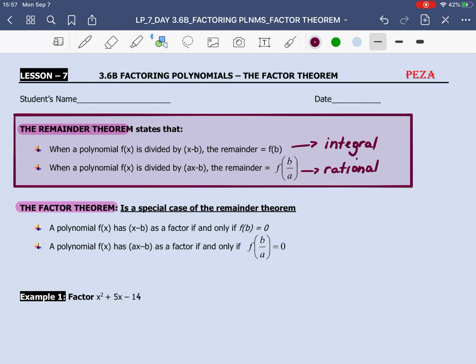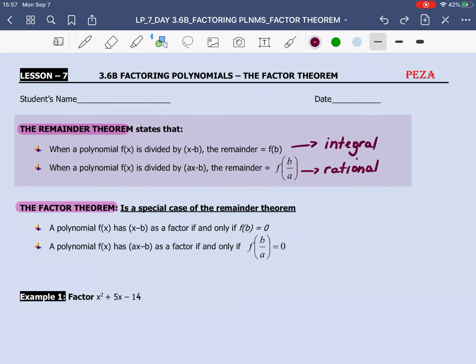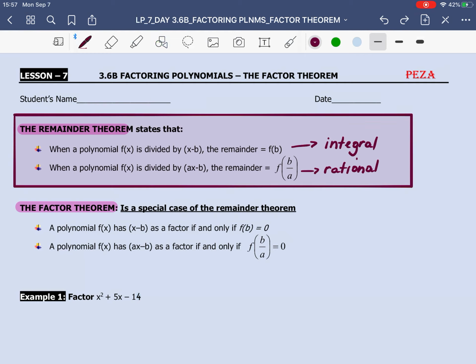Now, when we say the word factor, we think of two numbers that multiply each other to give a certain product. So we say that 3 times 2, for example, equals 6. And in this case, we're going to say that numbers 3 and 2 are factors of 6.